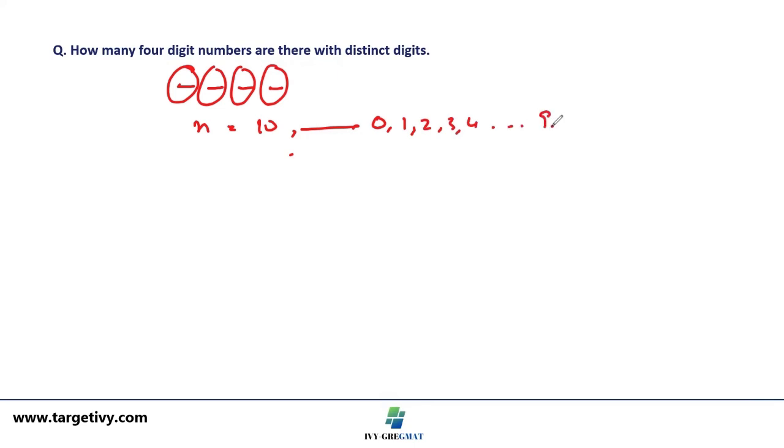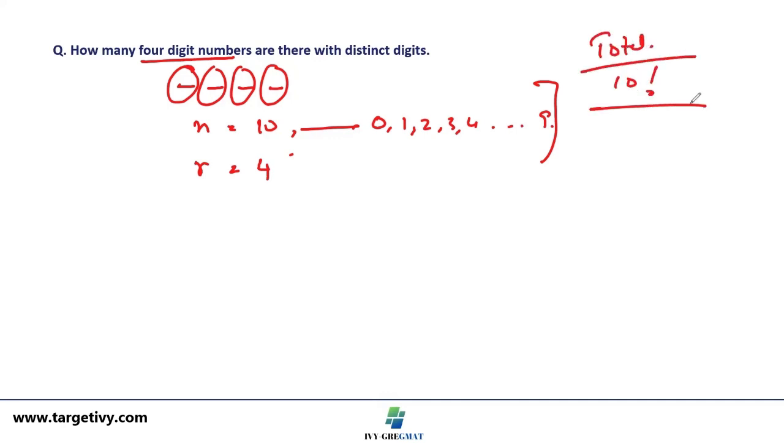So there are 10 digits. And r is 4 because 4 distinct digits are to be picked. So the total arrangement may be factorial 10 by 10 minus 4 factorial, which makes it 10 factorial by 6 factorial.